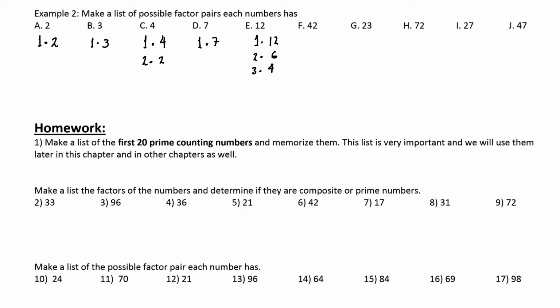We're going to follow this process with 42. With 42, we start with 1 times 42. Then since 42 is divisible by 2, we're going to continue with 2 times 21. Notice that both of the numbers are getting closer and closer to each other. Then we're going to continue with 3 times 14.